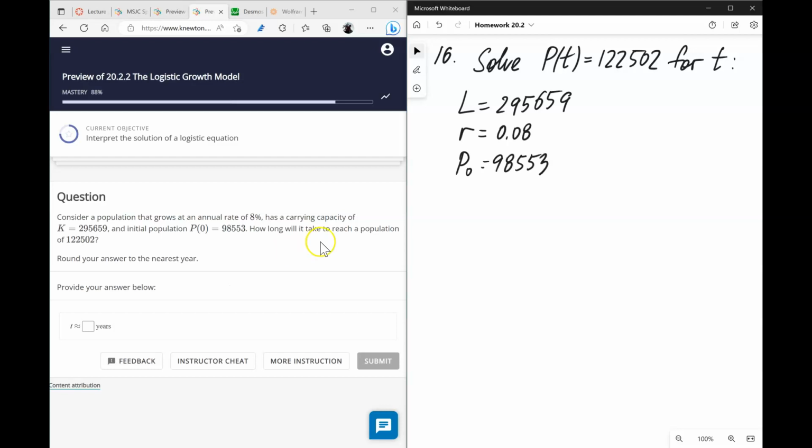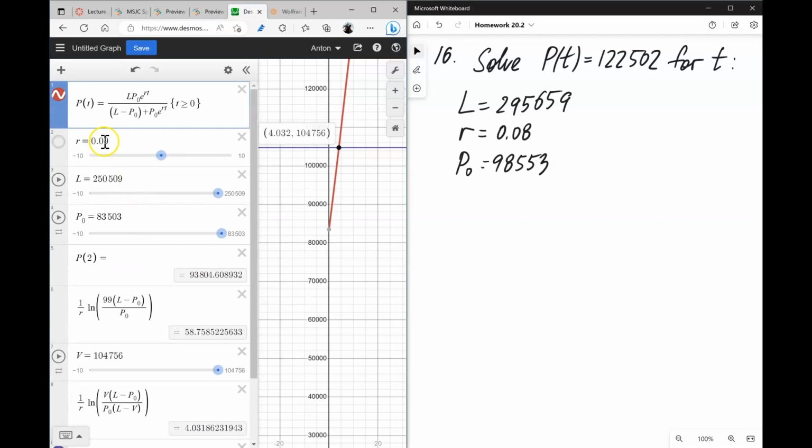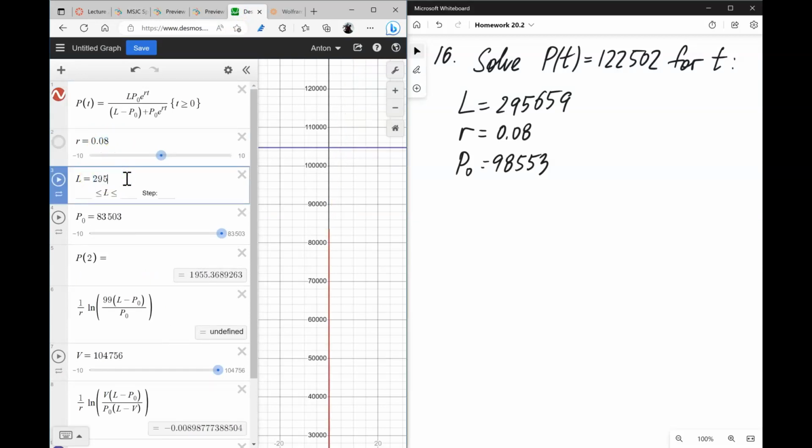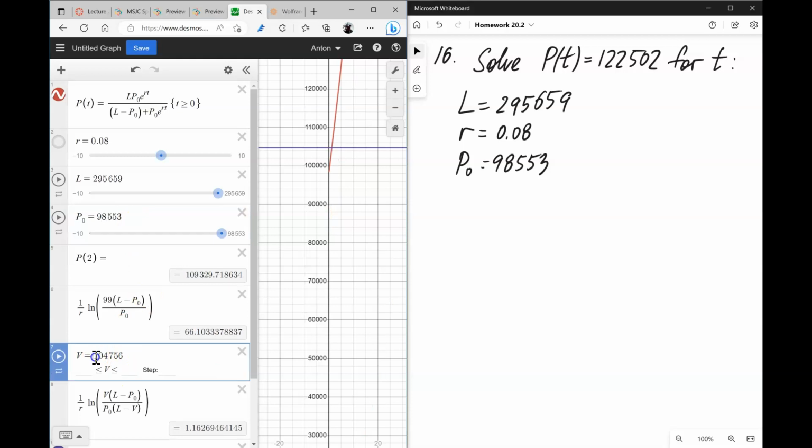and to solve it, I'll use Desmos, and I'll do it in 2 different ways. One, I'm going to use a graph. So here's my R, here's my L, here's my P0, here's my value.